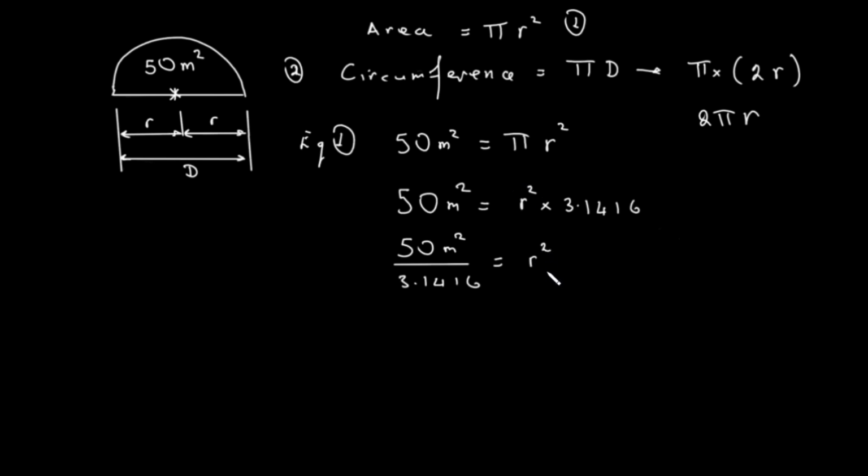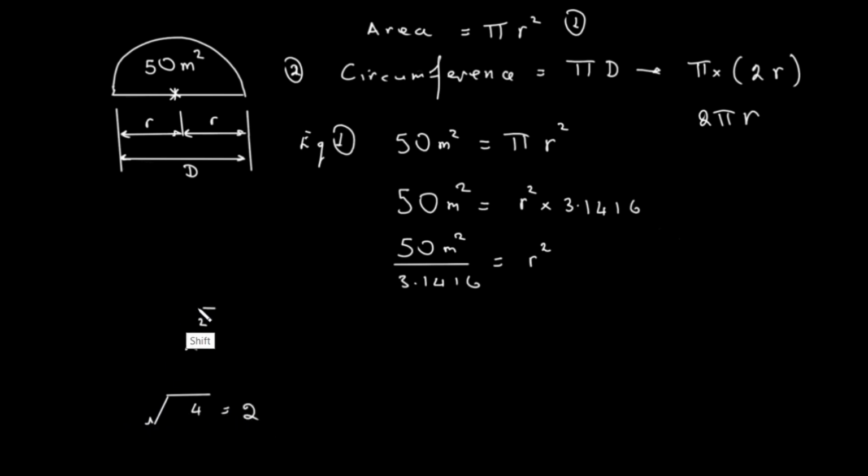See, the first step is to isolate or get on its own the bit with r in it, which we've done. Now we want to get rid of the square. Look, we know that 2 squared is equal to 4. If I square root 4, I get 2.